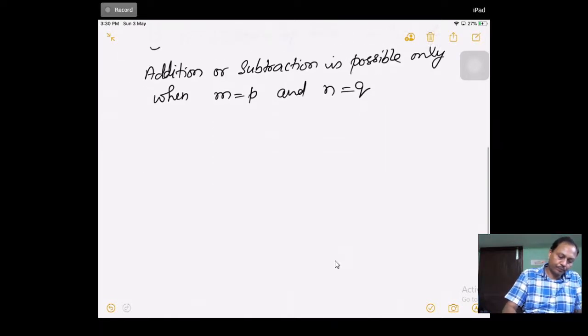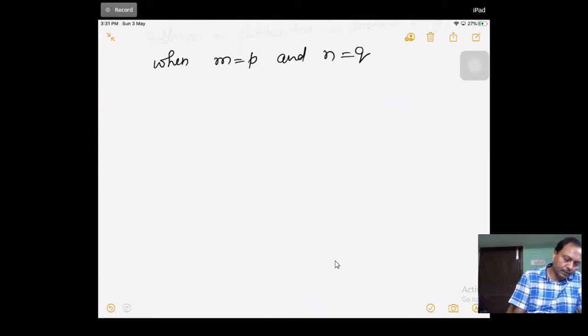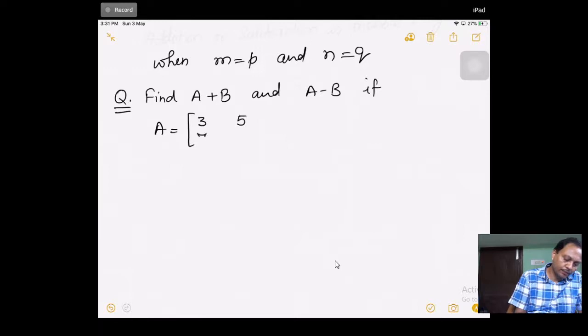So we are taking one example to understand this. Find A plus B and A minus B if matrix A is 3, 5, 7, 8 and another matrix B is 2, 3, 9, 5.